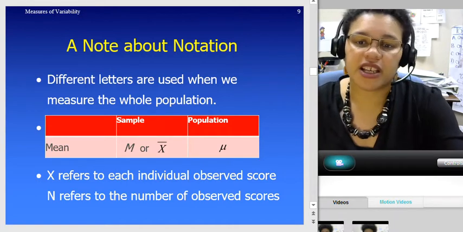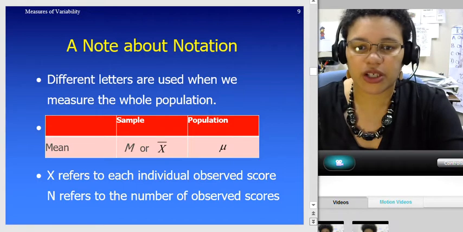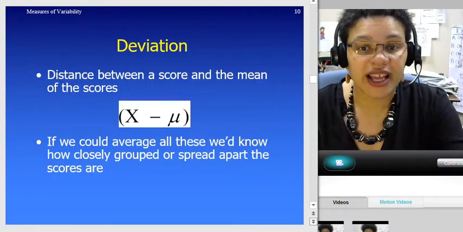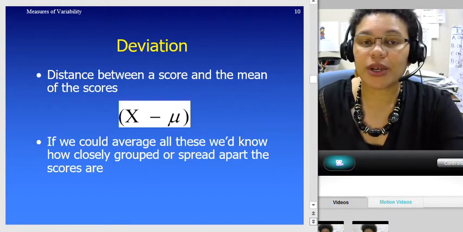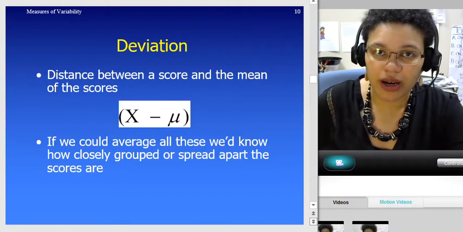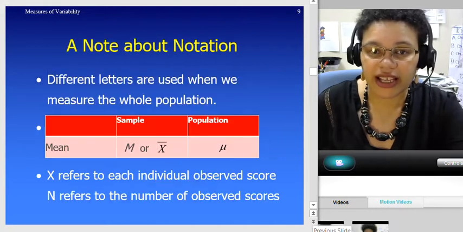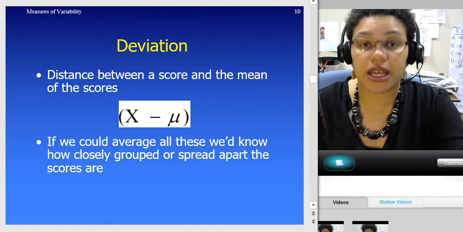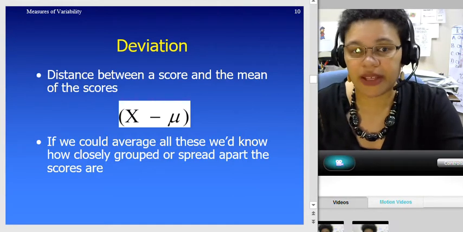N refers to the number of observed scores. And deviation is the distance between a particular score, a particular X, an X sub I, let's say, and mu, or the mean. Here it's the population mean.